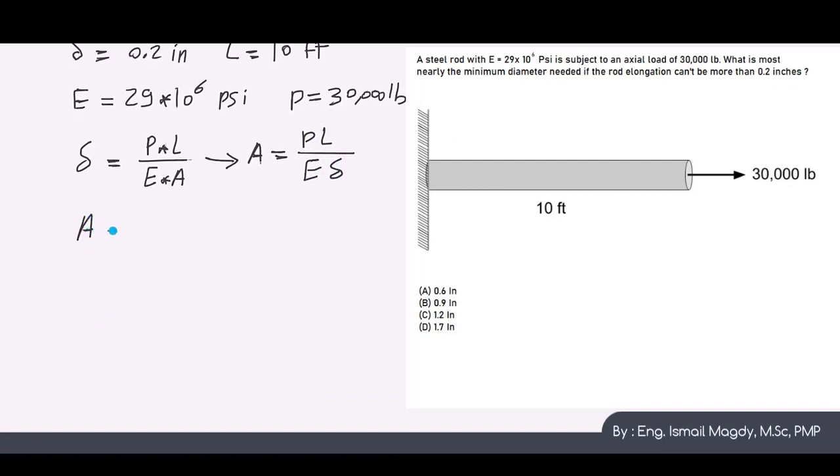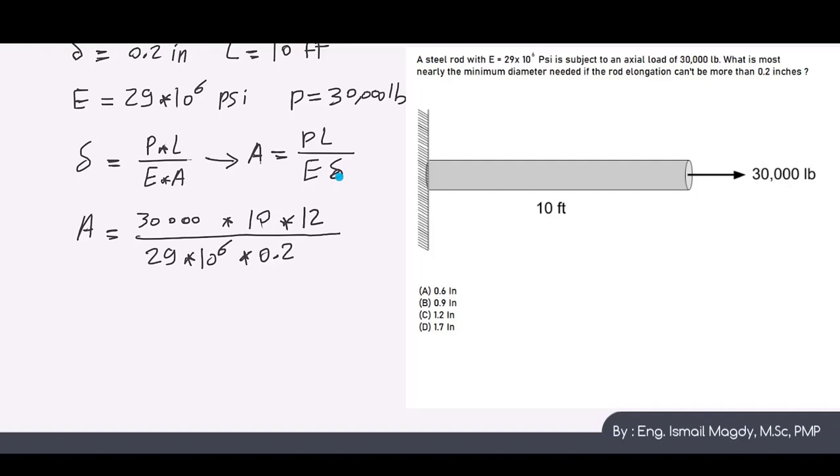So the area will equal the 30,000 pounds multiplied by 10, which is the length, but we have the delta in inches, so we convert this length from feet to inches, multiplying again by 12. This is over E, which is 29 multiplied by 10 power 6, multiplied by 0.2, which is the delta.